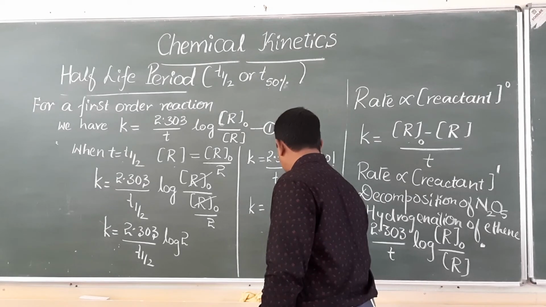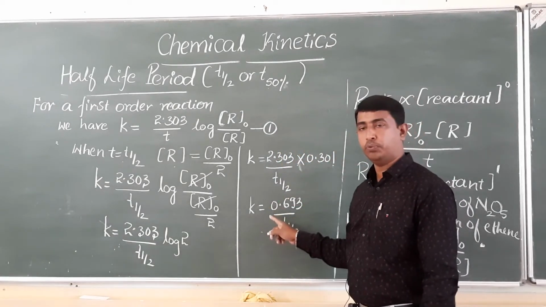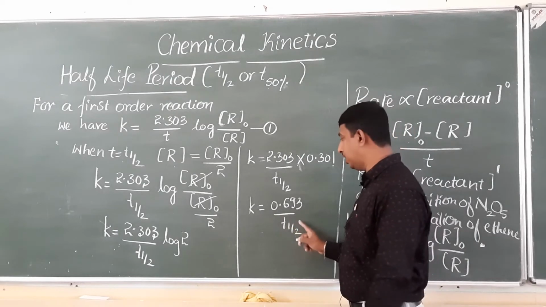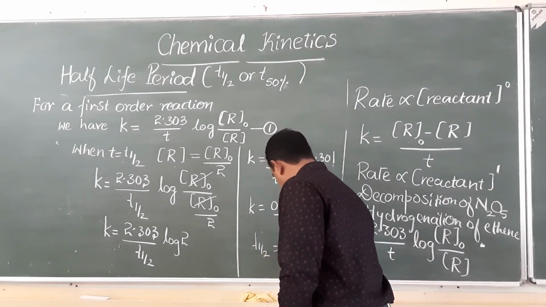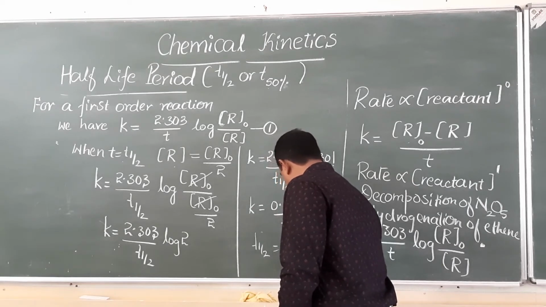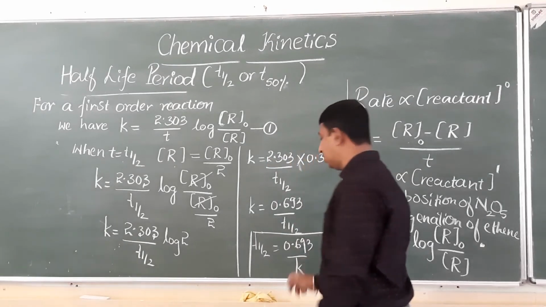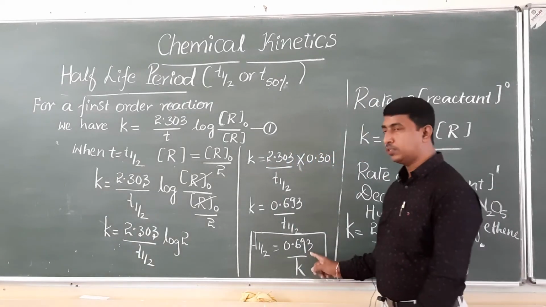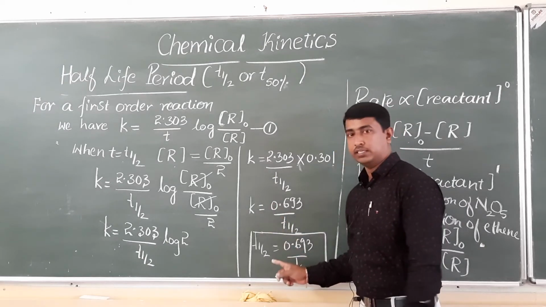On multiplying, we get K equal to 0.693 by T half, or T half equals 0.693 by K. So this is the expression for the half-life period of a first order reaction.